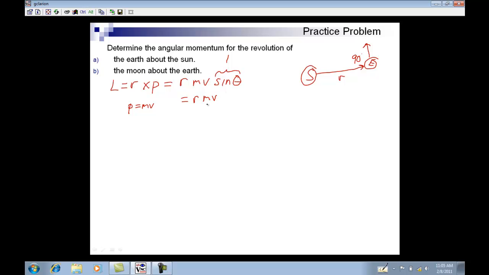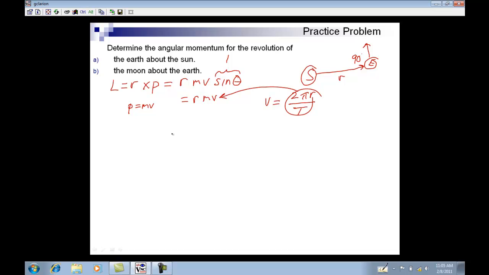So in this particular setup, I literally just have R times m times v. And for the velocity of an object going around in a circle, you guys remember that? What's the velocity of an object going around in a circle? Good, 2 pi r over the period. So I can plug this value in for v.